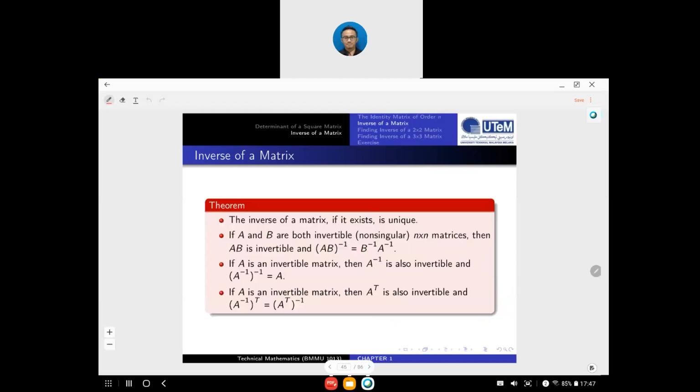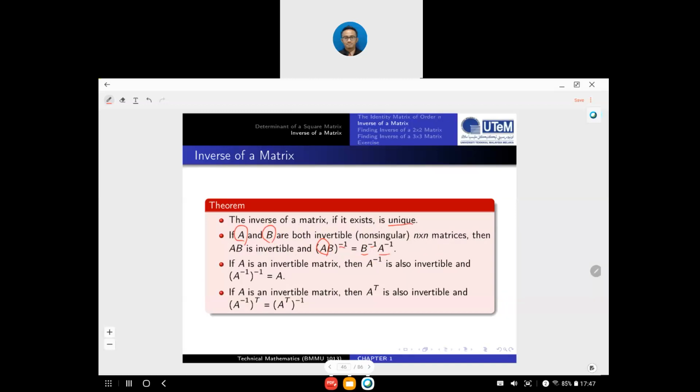Theorem: the inverse of a matrix, if it exists, is unique. If A and B are both invertible, or non-singular, then (A times B) inverse also equals B inverse times A inverse.